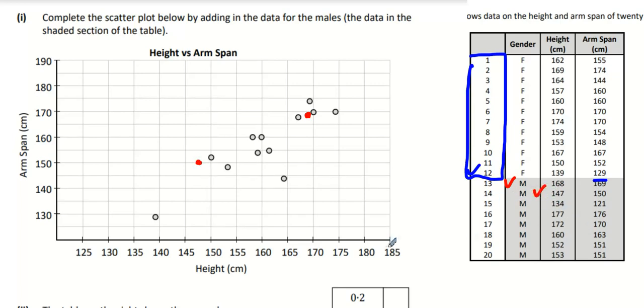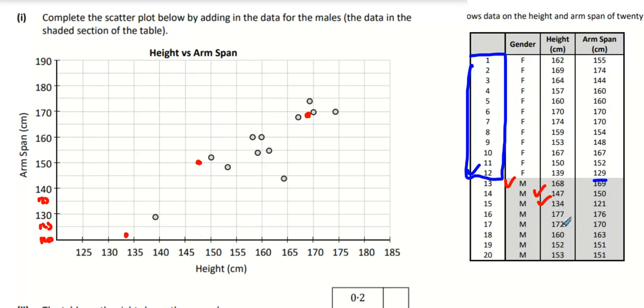Done. 134 and 121. So that's 135, that's 125, and this is 120. So 121 and 134. 134 is about here, and 121 is like down the bottom, just this red part here.